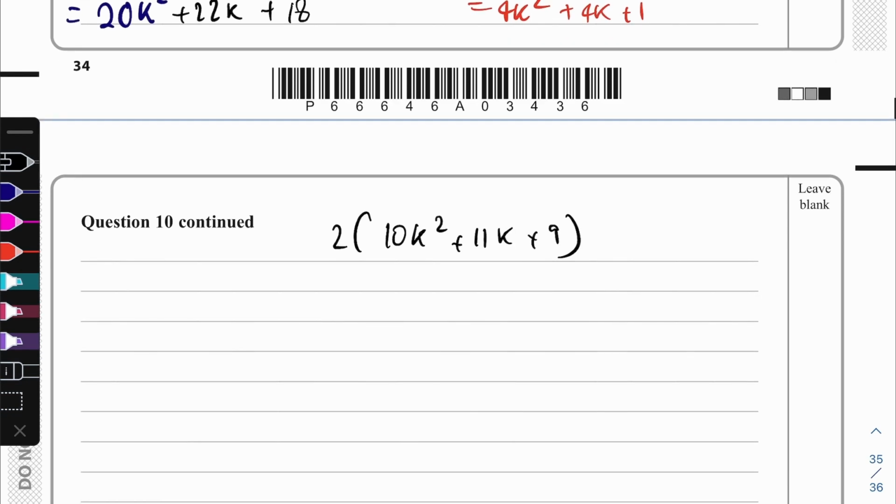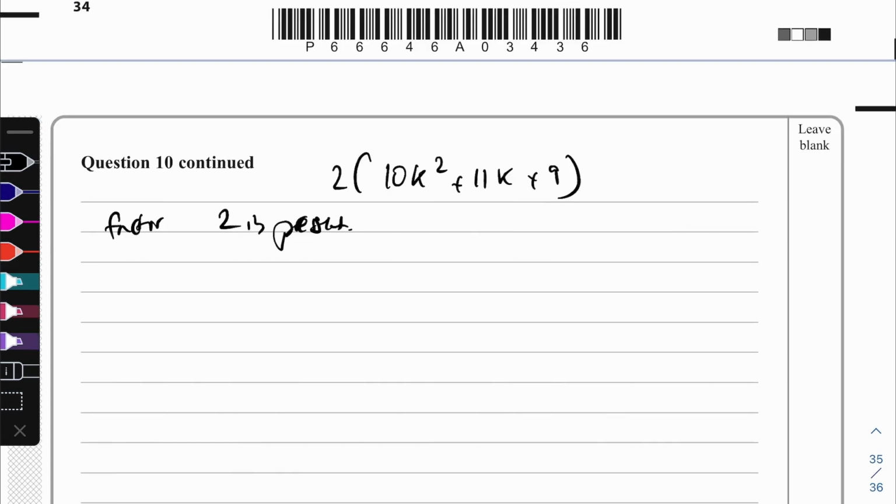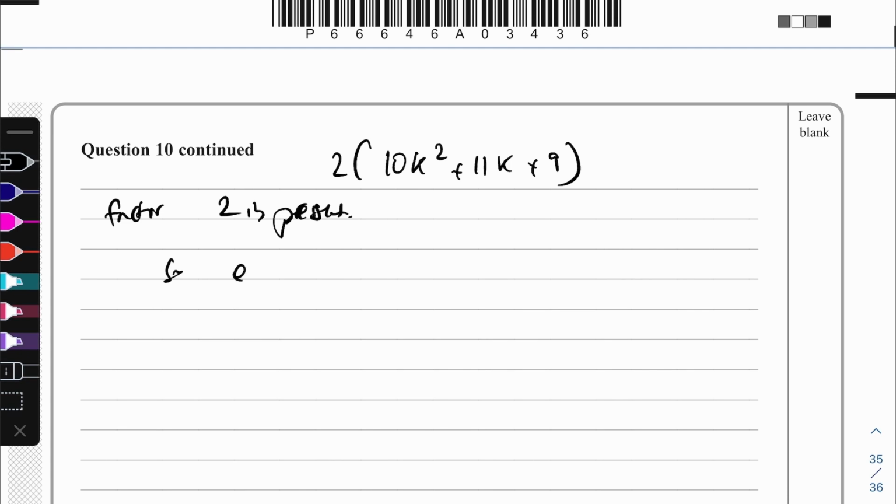So again, a factor of 2 is present. So what can we say? We can say the concluding statement is, so the expression 5n squared plus n plus 12 is always even for all integers.